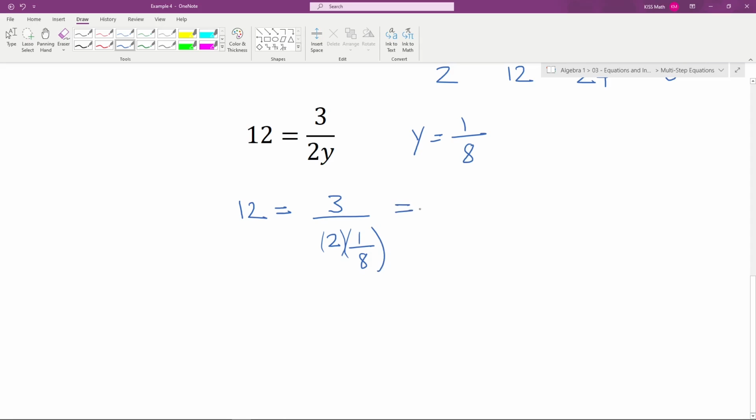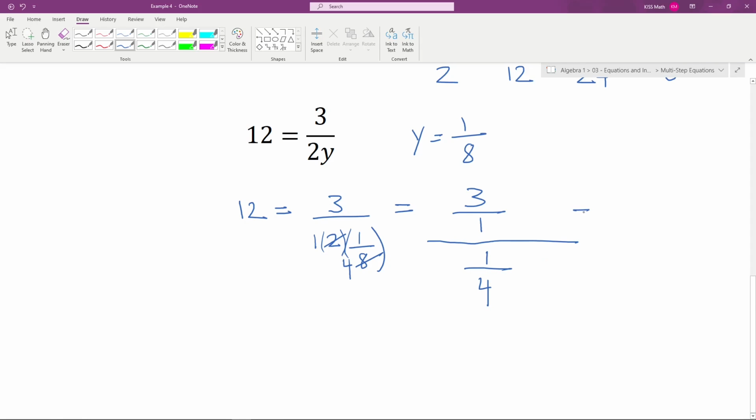So, all right, we have 3, and I'm going to call that 3 over 1 divided by, so I can reduce this down. 2 divided by 2 is 1, 8 divided by 2 is 4. So we're dividing this 3 by now 1 over 4.